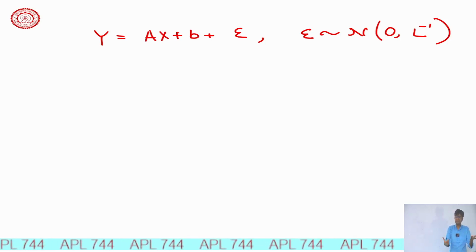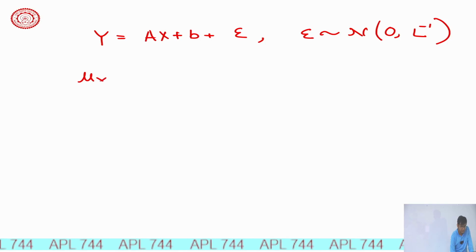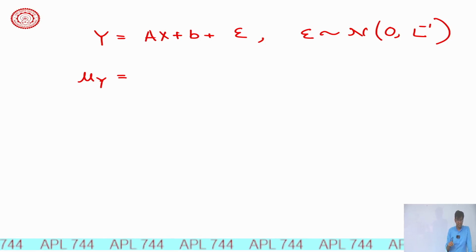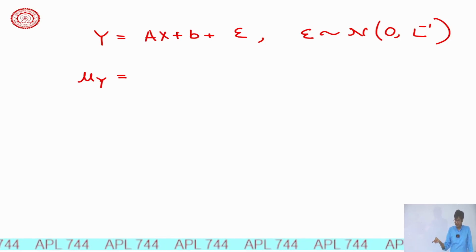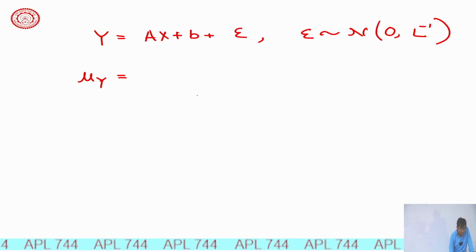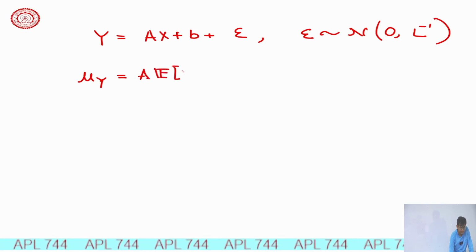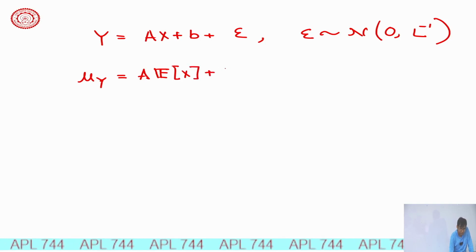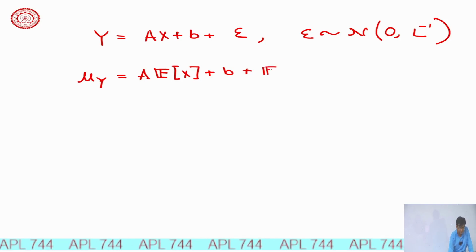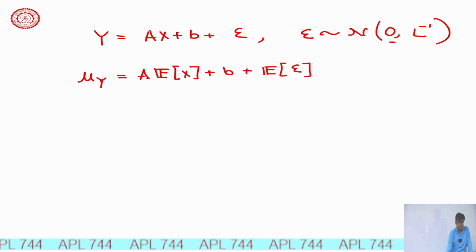So, now let us take mean of y. What is mean of y? If I take mean of this expression, what will I get? A mean of x plus b plus mean of epsilon will go to 0. So, it will be A expectation of x plus expectation of a constant is a constant plus expectation of epsilon will give you 0, because that is given here.